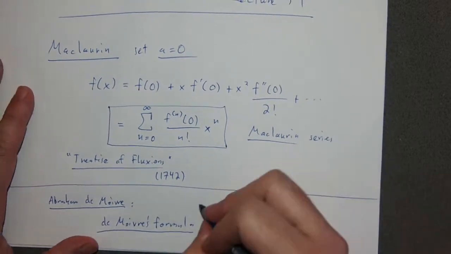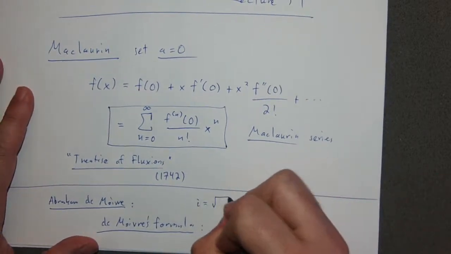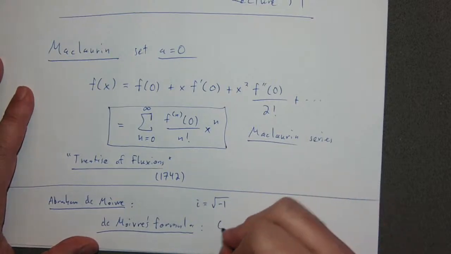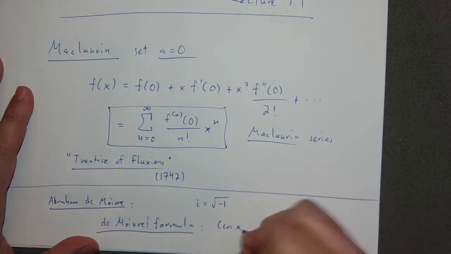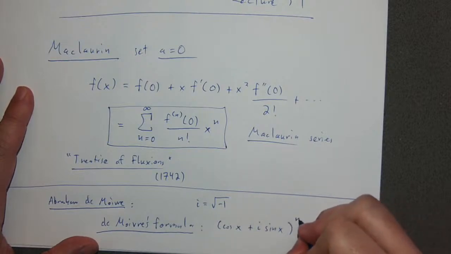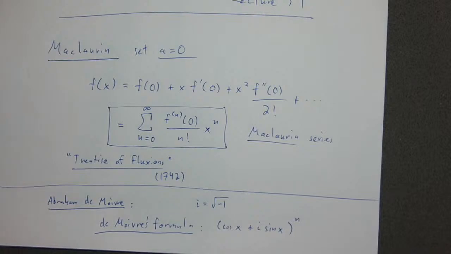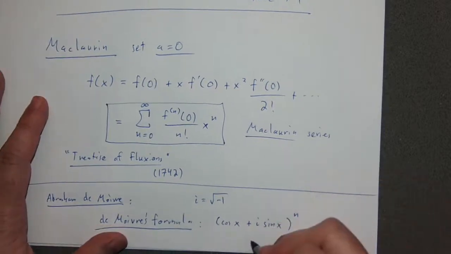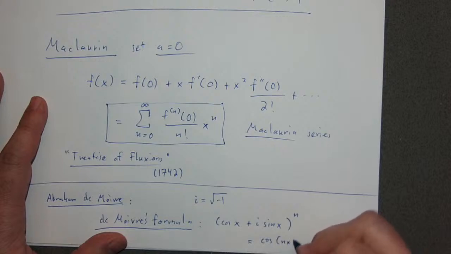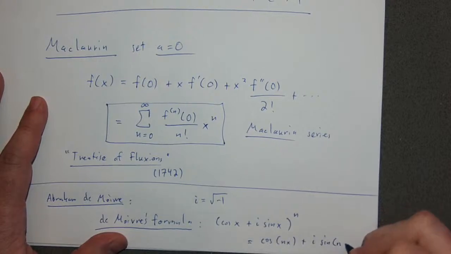If you say i is your imaginary unit, so i is the square root of -1, then cosine of x plus i times sine of x, raised to the nth power, is equal to cosine of nx plus i sine of nx.